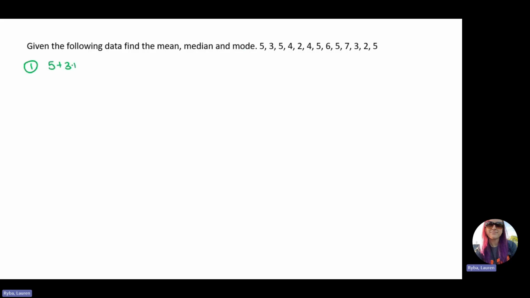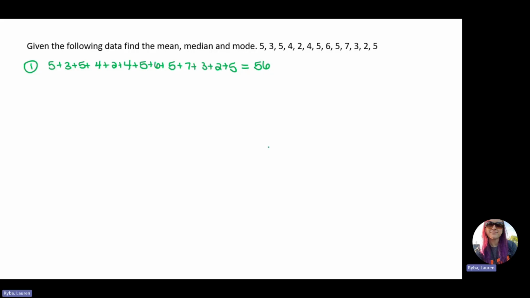So 5 plus 3 plus 5 plus 4 plus 2 plus 4 plus 5 plus 6 plus 5 plus 7 plus 3 plus 2 plus 5. I will get that entire total, which should be 56.